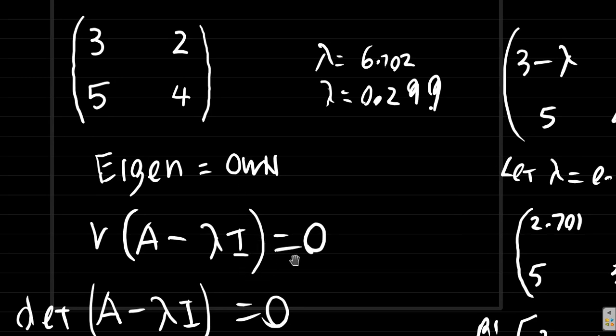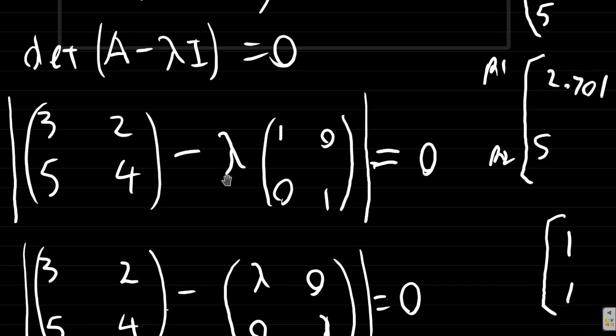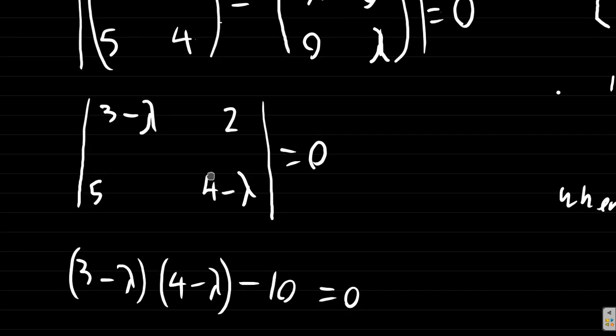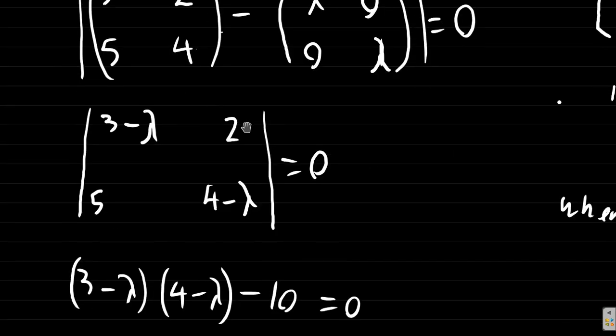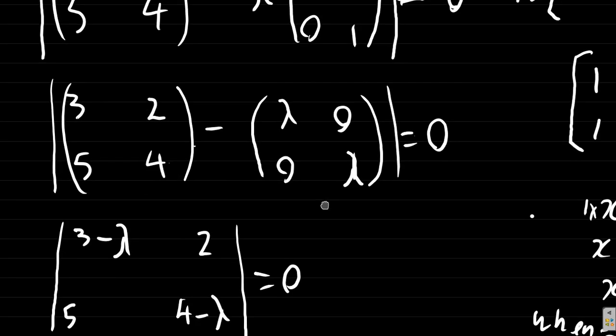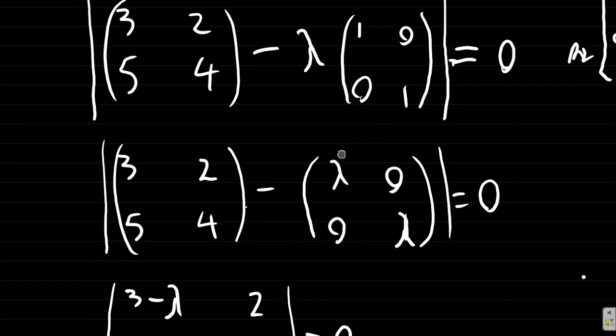Right? Now, A minus lambda I is this. We have 3 minus lambda, 2, 5, 4 minus lambda. When we subtract these, we get this.